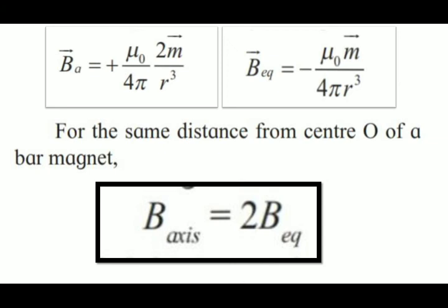So B axis is equal to B equator into 2, and when you rearrange this term, you have B axis is equal to twice of B equator. Okay, so this is about the magnetic field due to a bar magnet at a point along its axis and at a point along its equator.